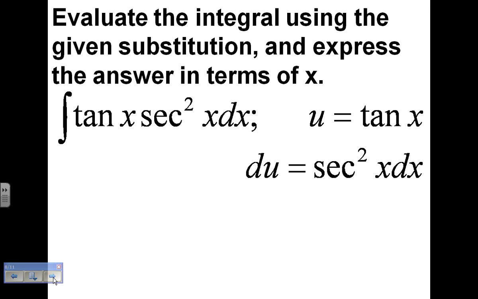So that means in place of this whole secant squared, you can put in du. In place of the tangent, you can put in u. So now, how do you integrate u du?